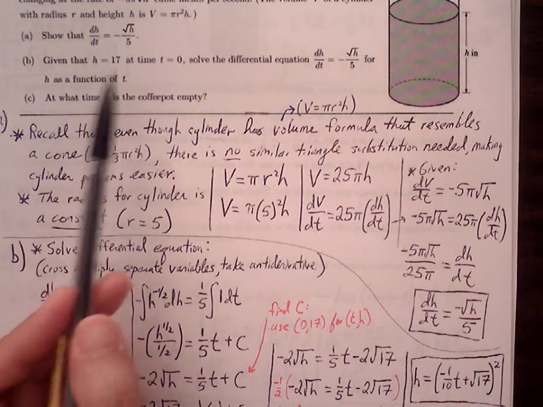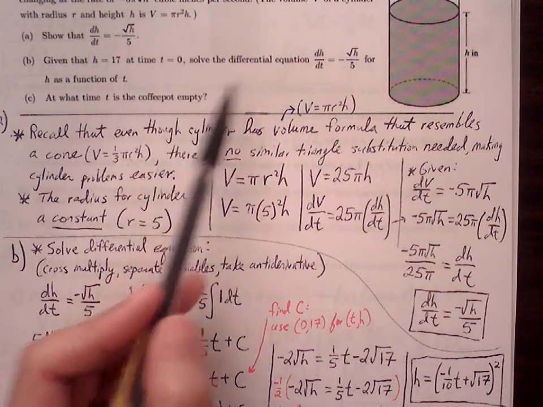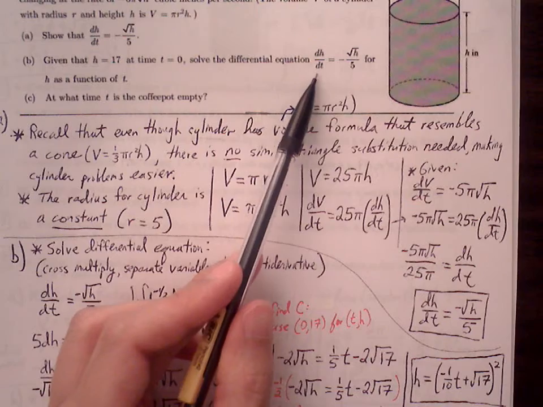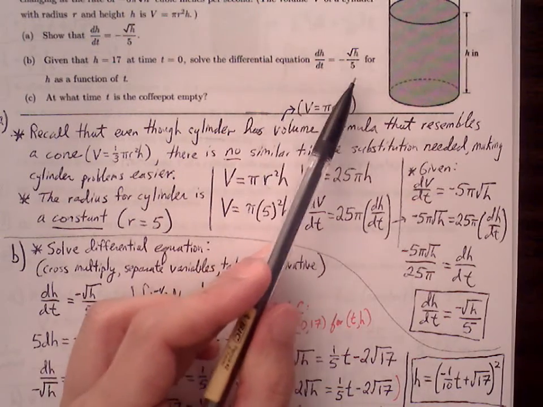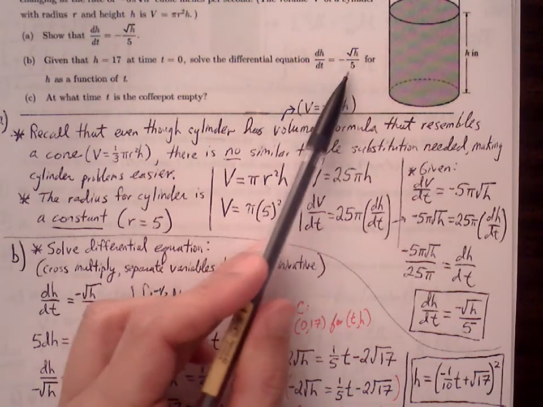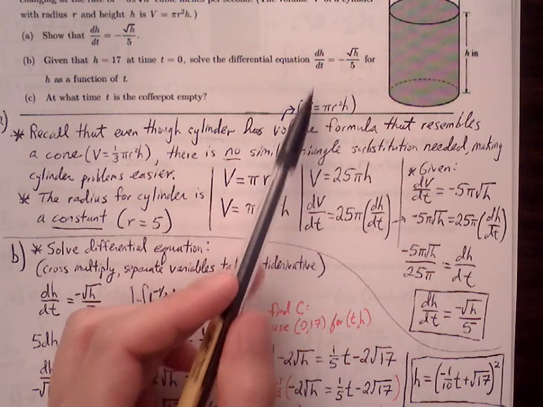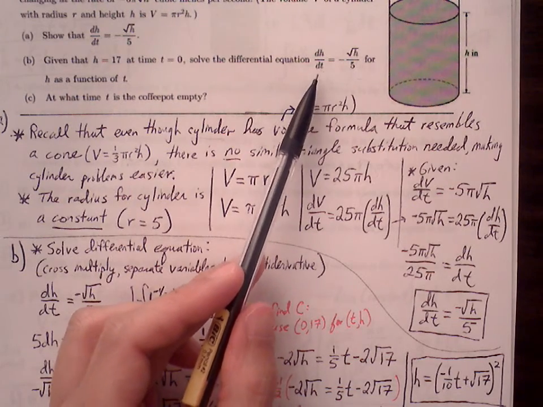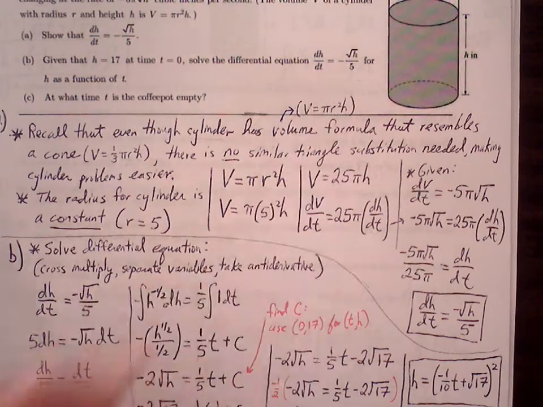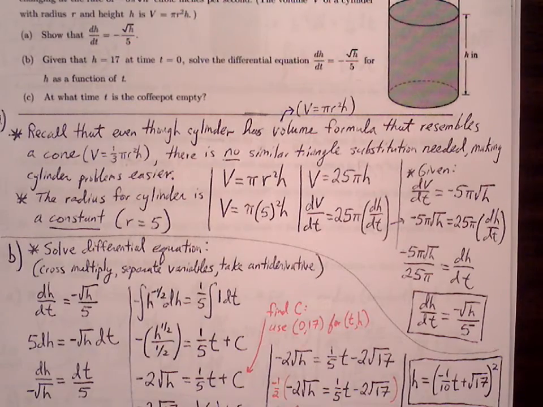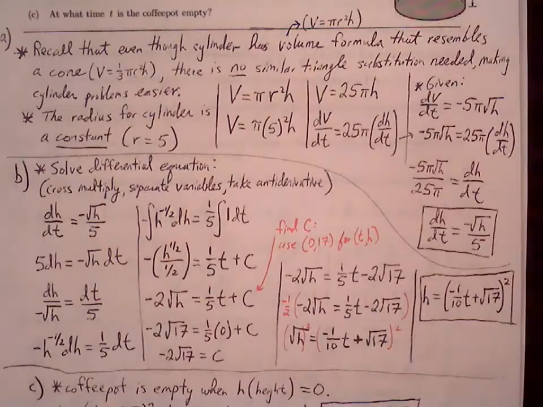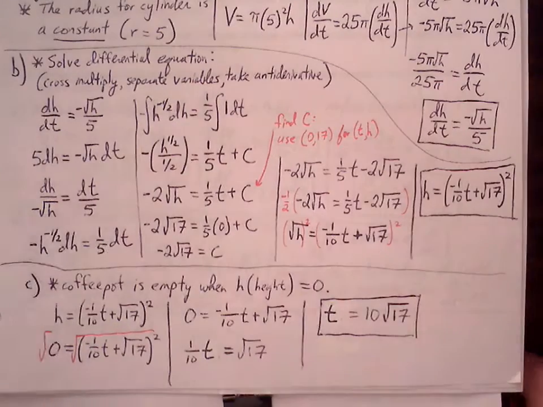Okay, part B. Given that h is equal to 17 at time t equals 0, solve the differential equation. We're going to cross-multiply, separate variables, and then find the antiderivative of both sides. If I cross-multiply, I get 5 dh equals negative root h dt.